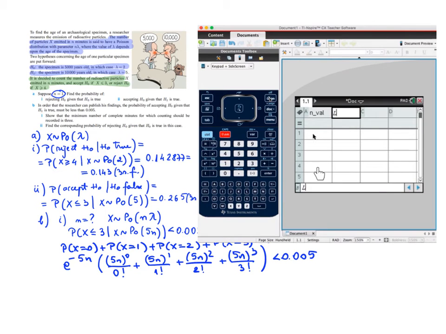So I have a column for the values of n, and I have a column for the left-hand side of this equation. And I want to see where this one is smaller than 0.005. I insert the formula here, which is the left-hand side.